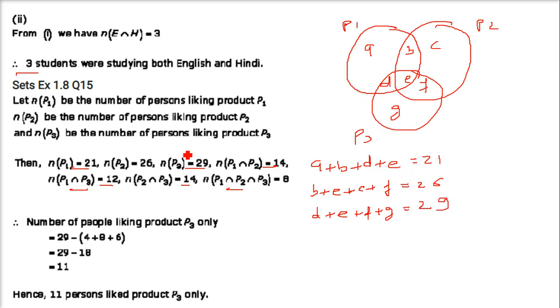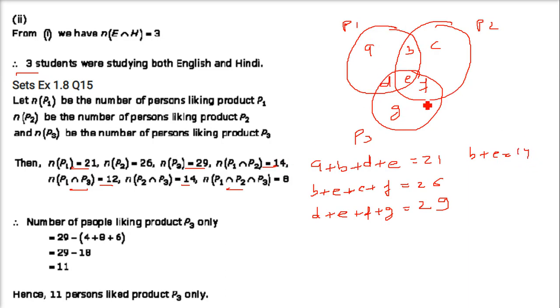I hope you got it. Now the intersection part, I'll write it here. P1 intersection P2 is B plus E, given as 14.